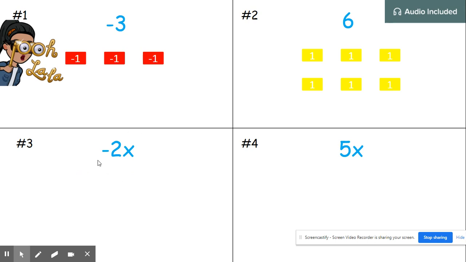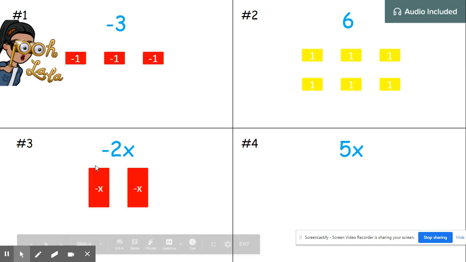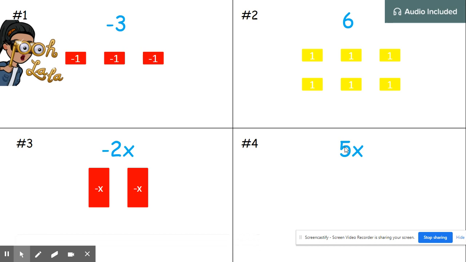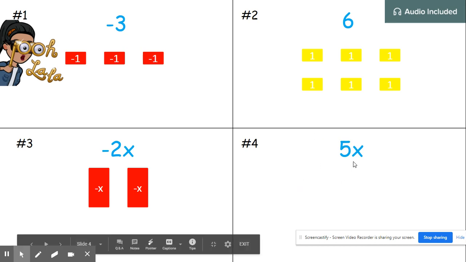Okay, now with our variables, we're going to use some tiles. So for our negative variables, we're going to use red. So if I'm looking for a -2x, that means I'm going to need 2 tiles. So 1, 2. And since it's negative, I'm using red. Now I have 5x, so if it's positive, I'm going to use the color green.